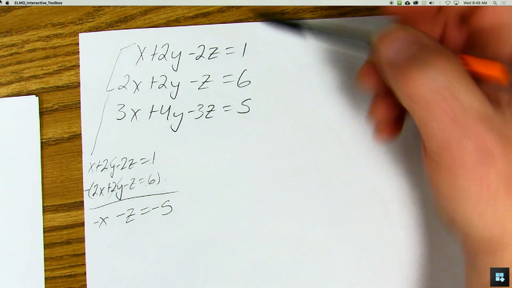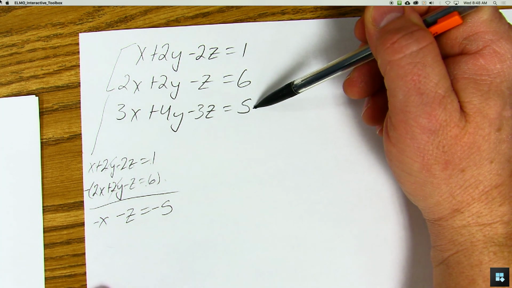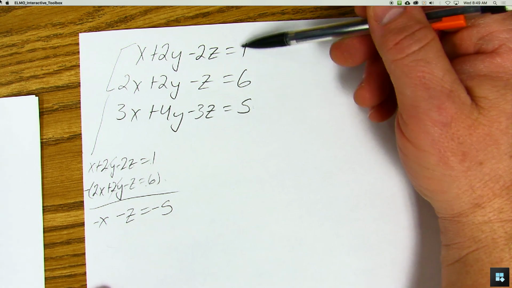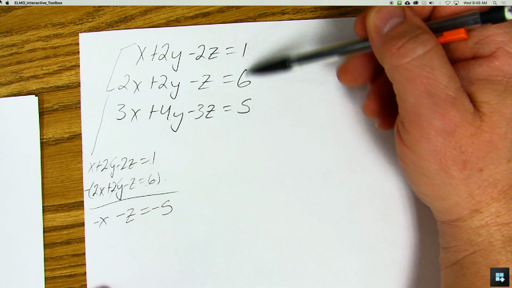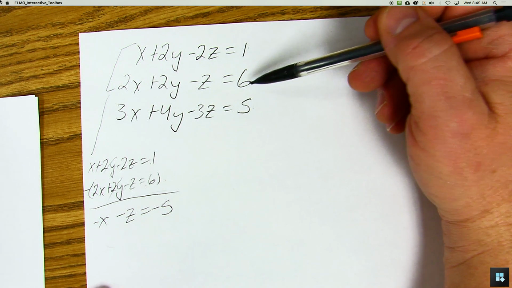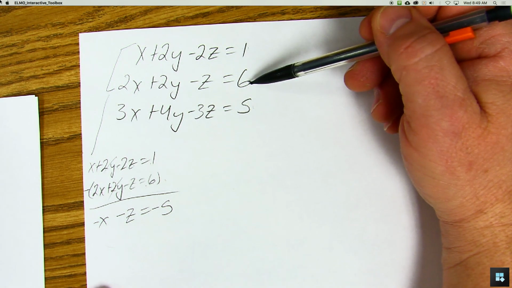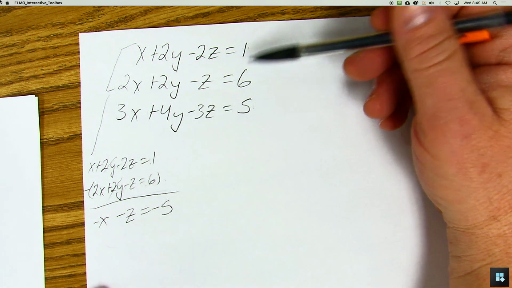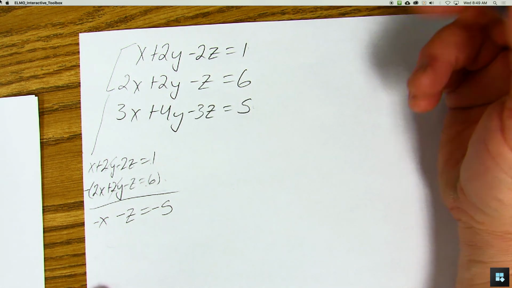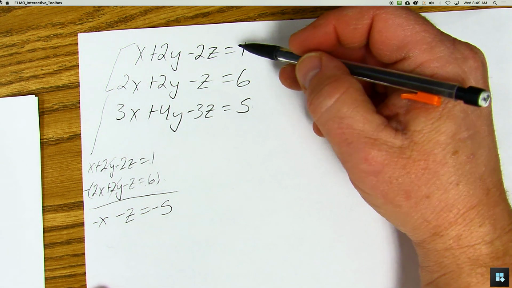So now I have one equation right here with two variables. I now have to take the third equation, and it doesn't matter which one I use. It could be this one or this one. But I need to eliminate the y again, because I eliminated the y over here. Maybe I want to eliminate from the top.